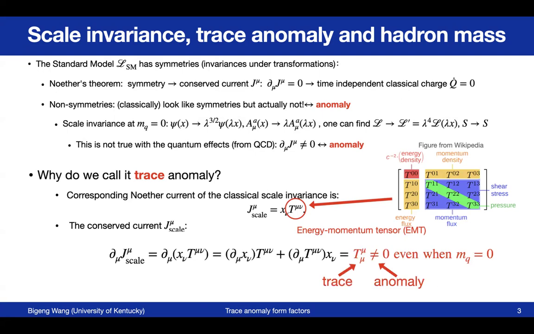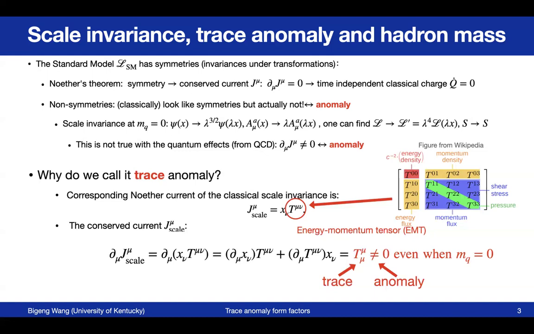If we look at the divergence of this current and apply the conservation of energy momentum, we find that the divergence of this current actually equals the trace of the energy momentum tensor. The fact that this trace is not zero, even when the quark mass is zero and classically there should be scale invariance, is what we call the anomaly. So now we have the two words, trace anomaly, ready.